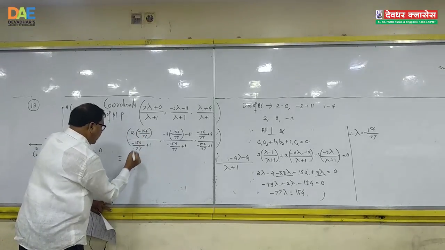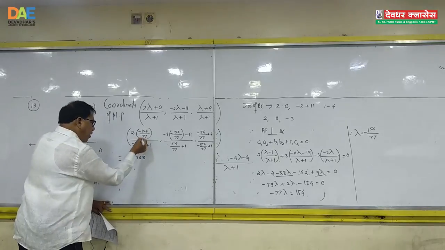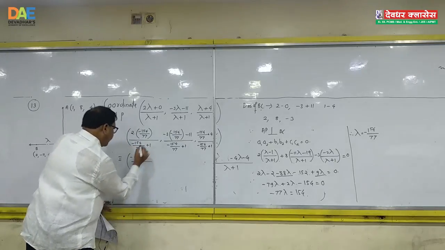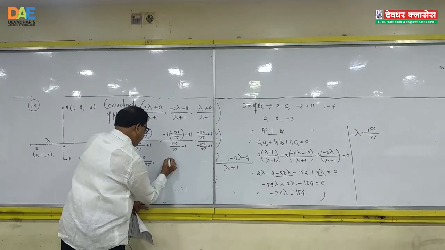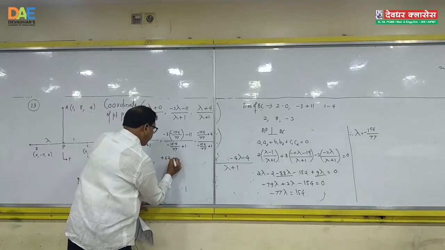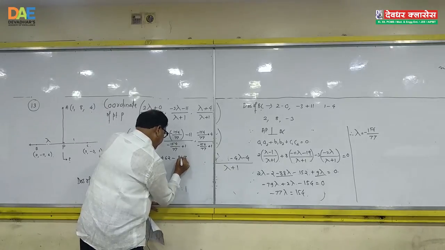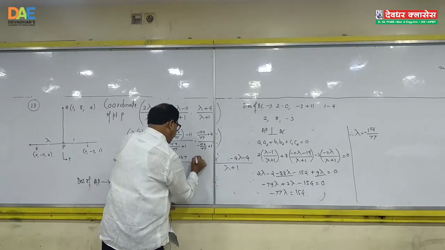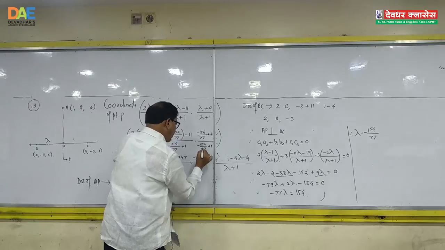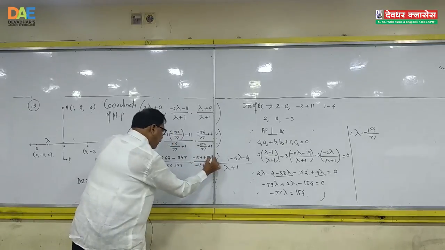That is 2 into this: minus 308 upon 77, the 77 cancels, upon minus 154 plus 77; here 462 minus 77 gives 385 upon minus 154 plus 77; and here 308 upon minus 154 plus 77.